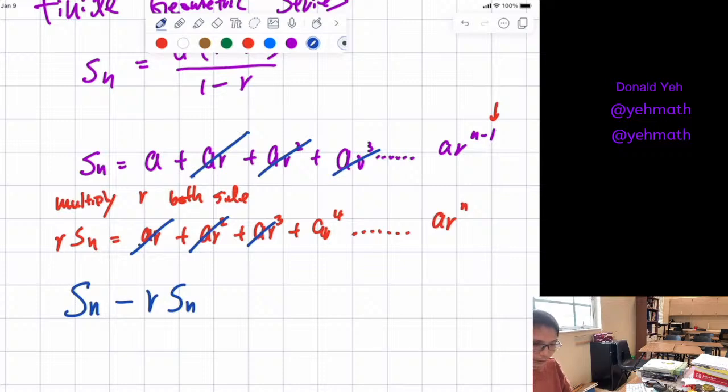And this probably cancels out something here, but then you're gonna have one extra term here. This one is gonna cancel out this one, because all the diagonal part except the ones on the vertex is not gonna cancel out. So that's gonna be equal to a, sorry, you're subtracting, so a minus a r to the n.